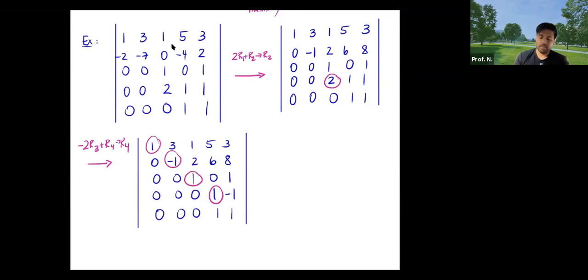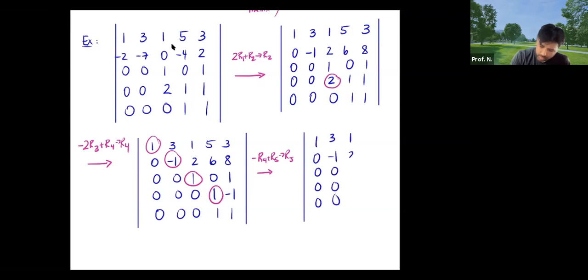And then lastly, I want to get rid of this 1 here. So negative R4 plus R5 into R5. Again, this doesn't affect my determinant whatsoever. So I get 1, 3, negative 1, 0, 0, 0, 1, 2, 1, 0, 0, 5, 6, 0, 1, 0, and 3, 8, 1, negative 1.